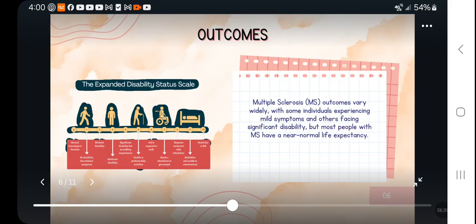And then we have minimal disability, and it's just showing you the different stages of it. So people can be up and walking perfectly fine, but other people are bedridden and unable to communicate, and some even die due to multiple sclerosis. So it can be deadly.